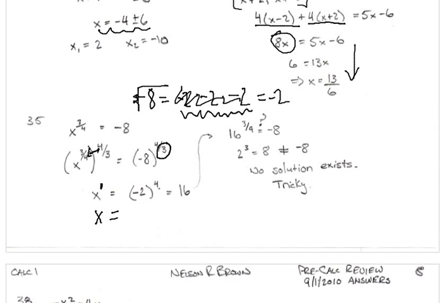I already found the cube root, so I don't have that division by 3 anymore. When I take negative 2 and raise it to the 4th power, I get 16.